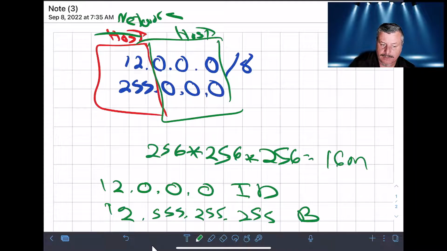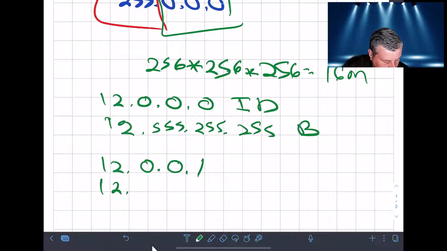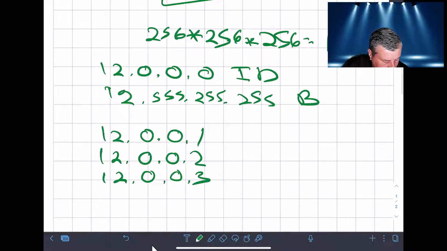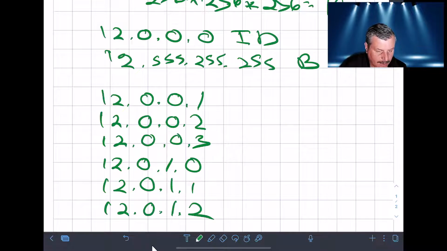There we go. So if we scroll up, our first usable address would be 12.0.0.1. The next address would be 12.0.0.2 and so on. Once we've gone through 255 combinations, then we would go to 0 and keep going.